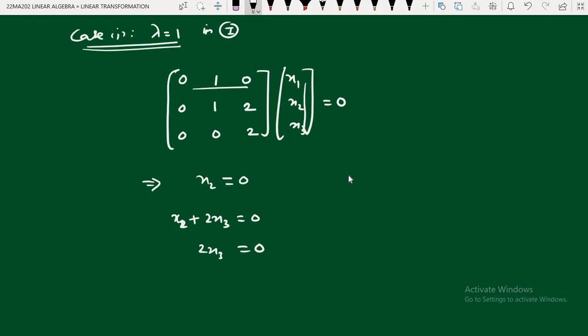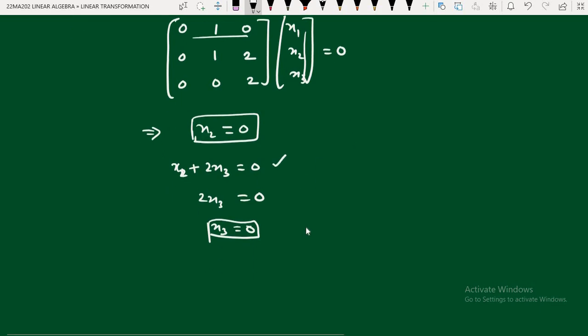From the third equation we get x3 equal to 0. Here already x2 equal to 0, and the equations contain only x2 and x3. That means x1 is a free variable, or arbitrary. Arbitrary means we can take any value for x1. So I will choose x1 equal to 1, the smallest value we can take.